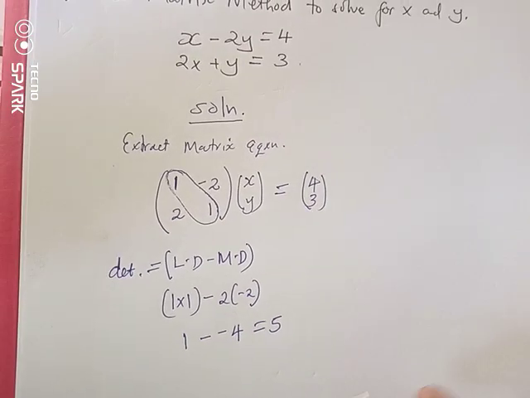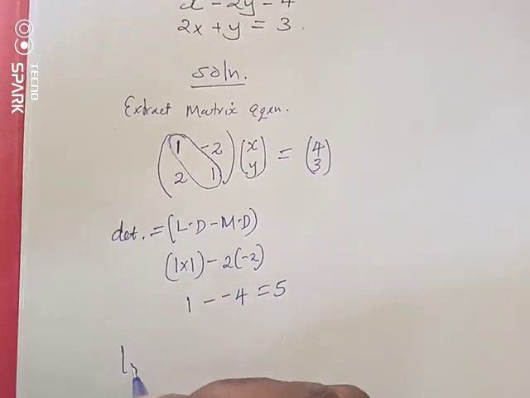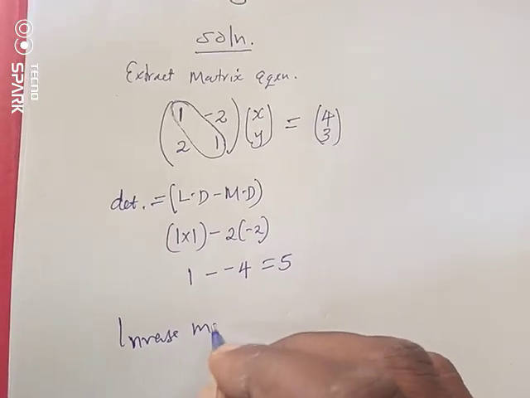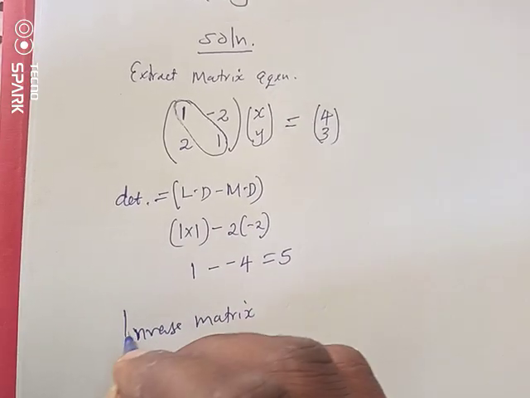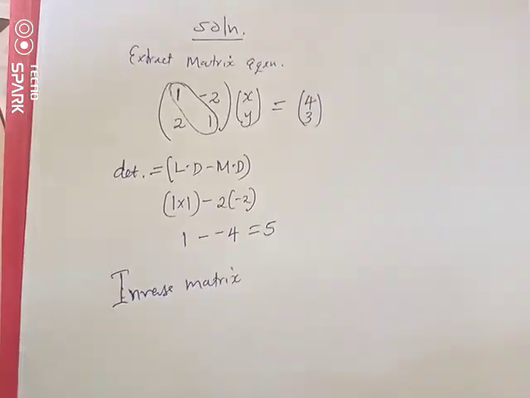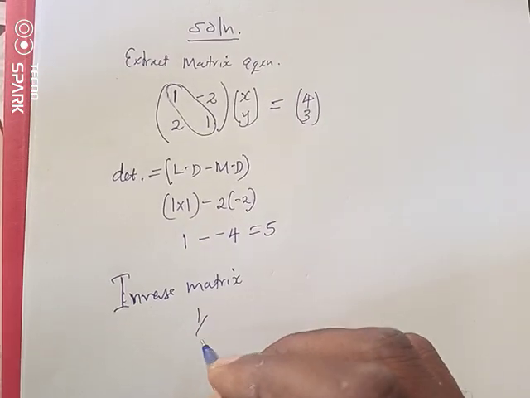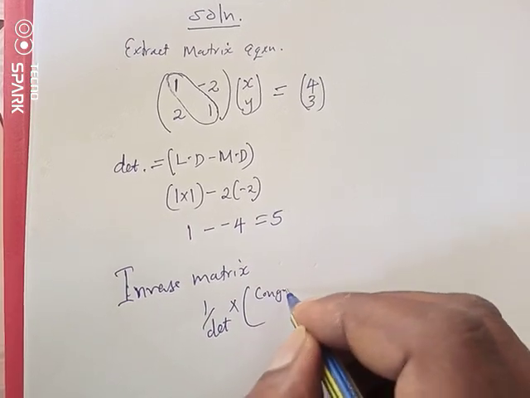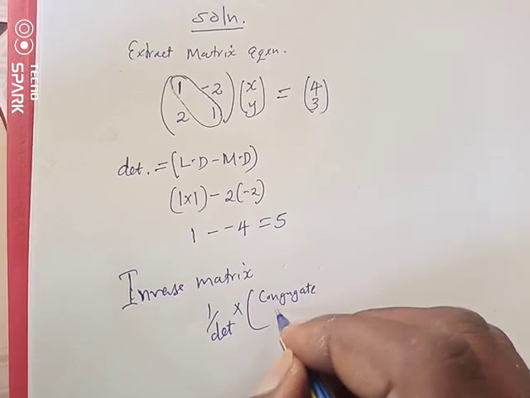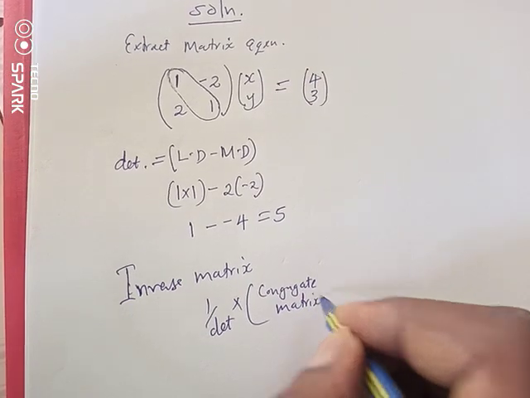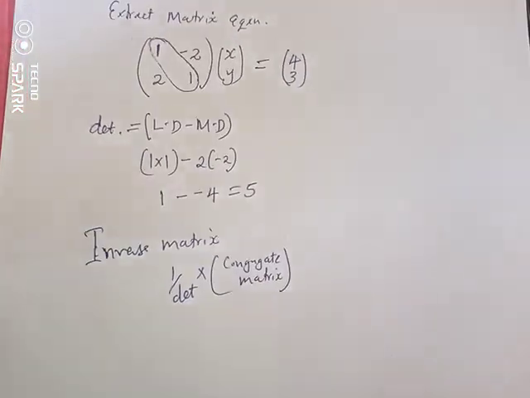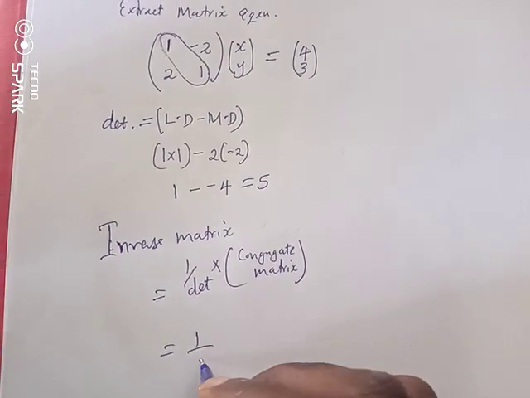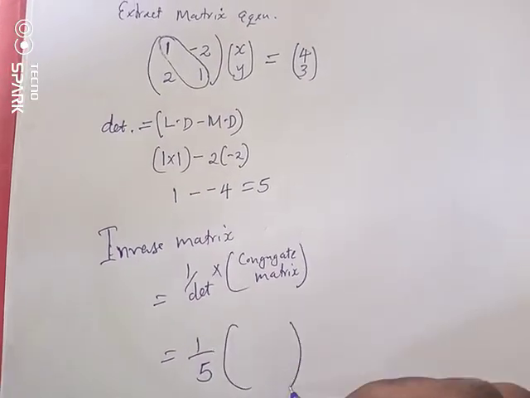So going straight to the inverse of the matrix, we shall have 1 over the determinant times the conjugate matrix. So my 1 over the determinant will be 1 out of 5 in bracket.